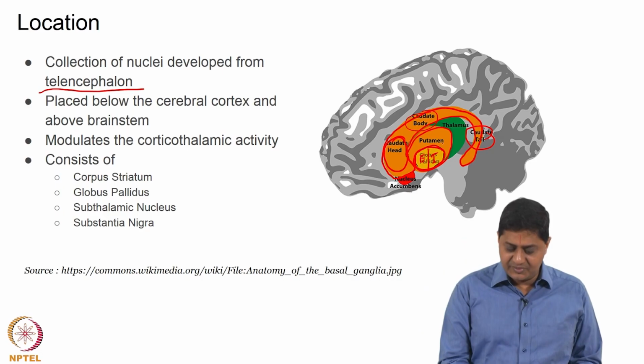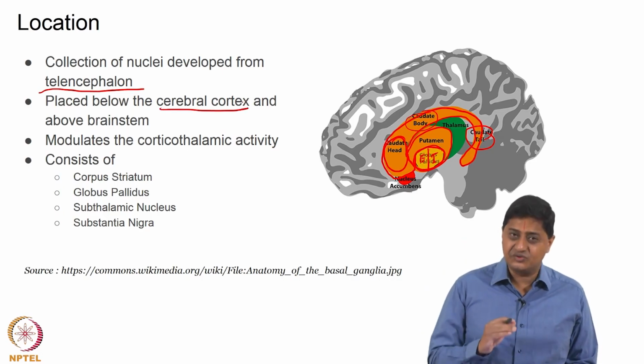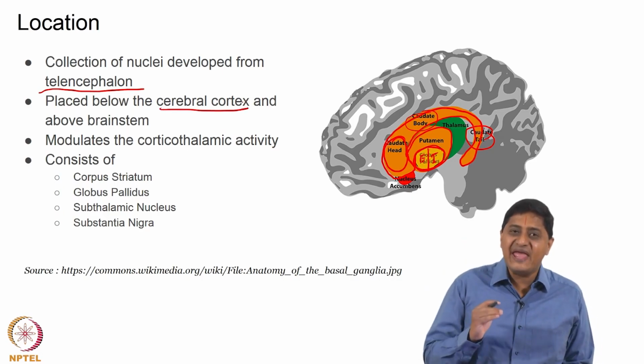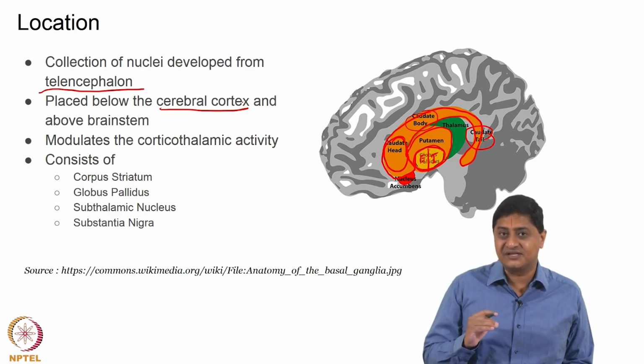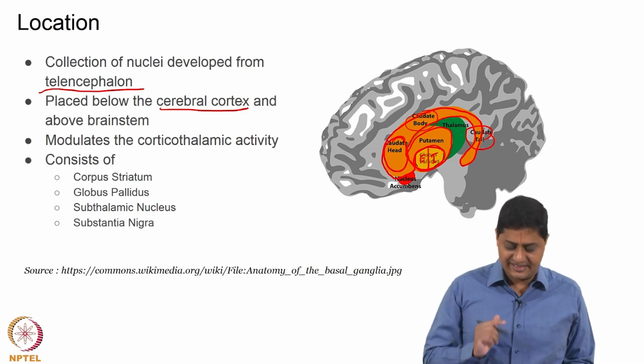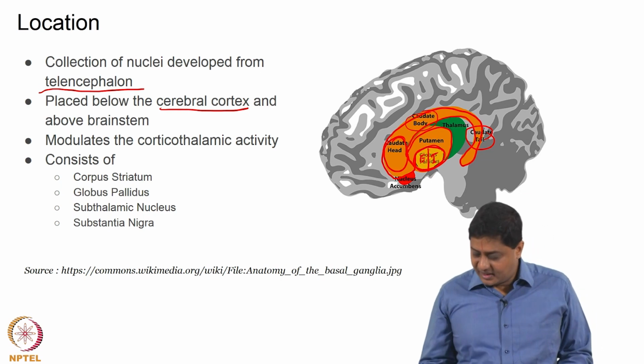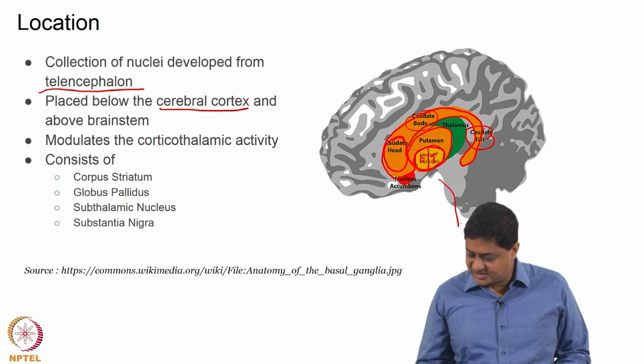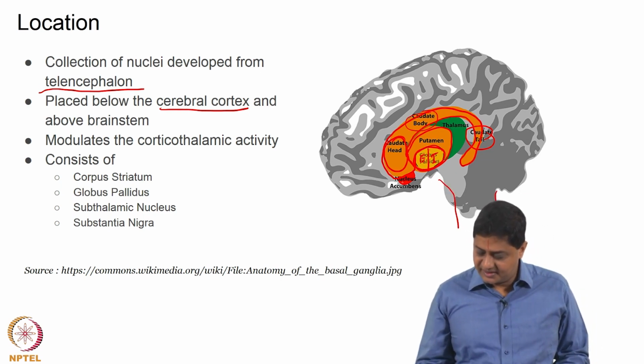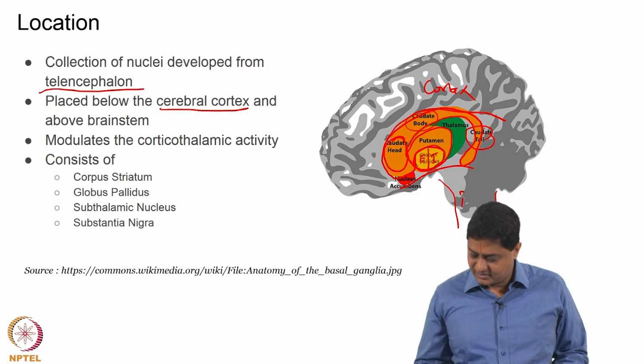So, this is placed below the cerebral cortex, inferior to the cerebral cortex, located at the base of the cerebral cortex, which is why it is called basal nuclei or basal ganglia, right, but above the brainstem. So, the brainstem is here. It is located above the brainstem, but below the cortex. So, this is cortex, that is brainstem.